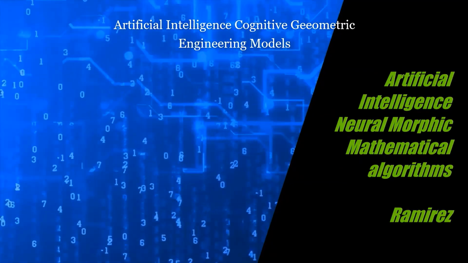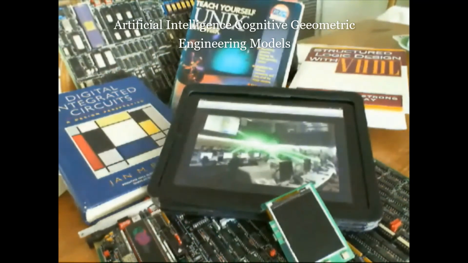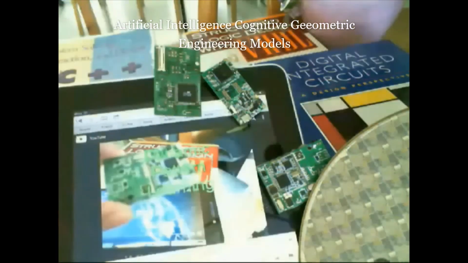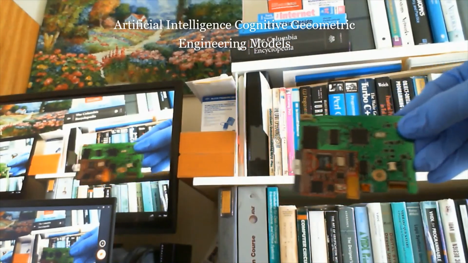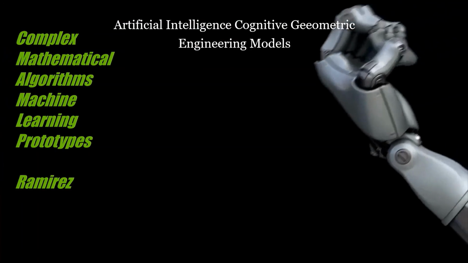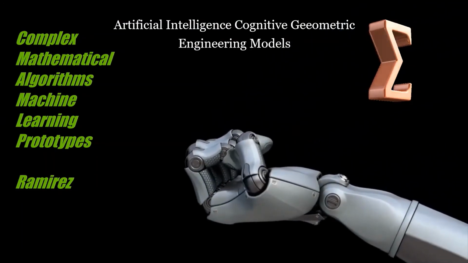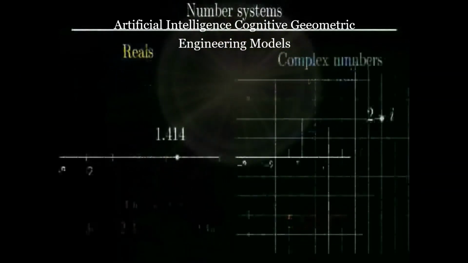I have designed several engineering prototypes based on artificial intelligence, cognitive geometric solutions. These engineering models are actual projects that benefit humanity in applications for medical, industrial, and sociological data science solutions.